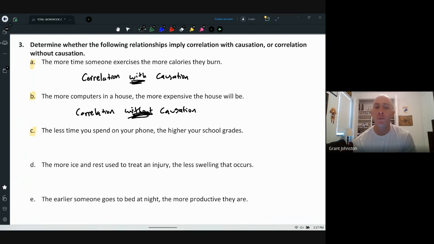Let me just show you one more. The less time you spend on your phone, the higher your school grades. So this one's a little trickier. There's correlation here, but I'm also going to say without.